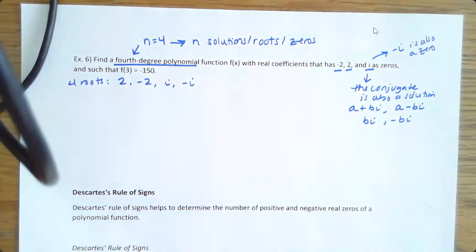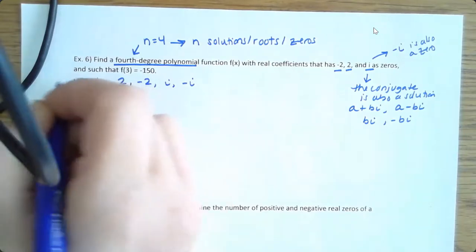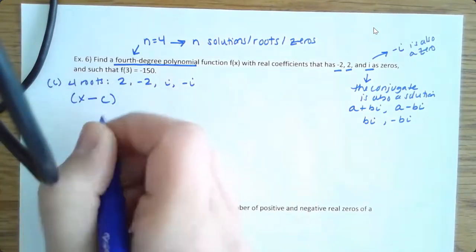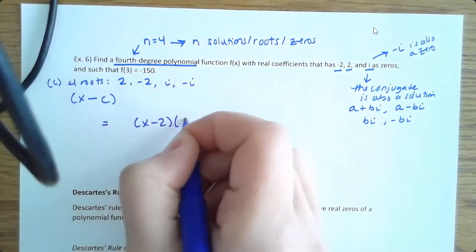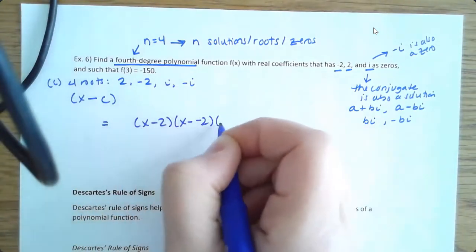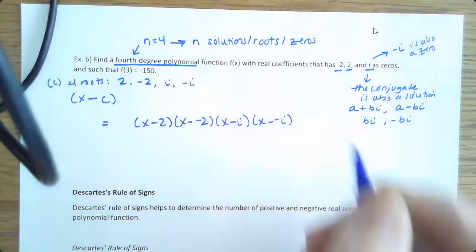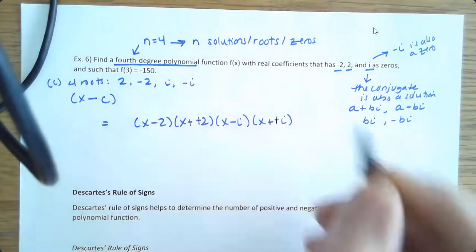Now we write our factors like this. It's always x minus c. In our roots, that's your c values. So what this is going to look like is x minus 2, x minus negative 2, x minus i, and x minus negative i. Now you are going to clean this up and we'll rewrite it.